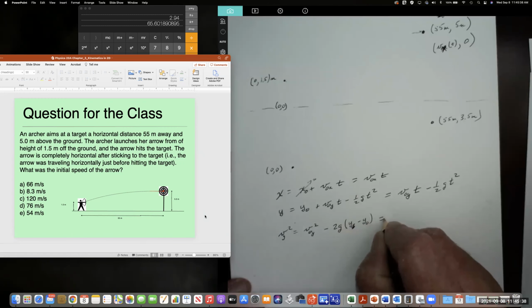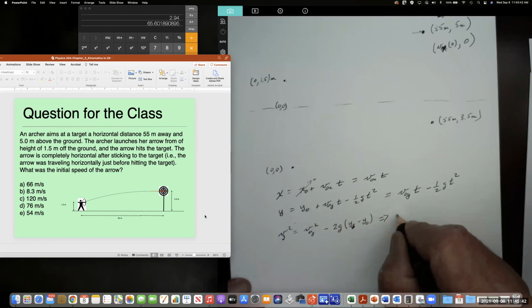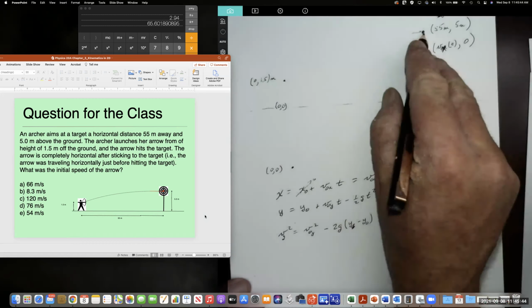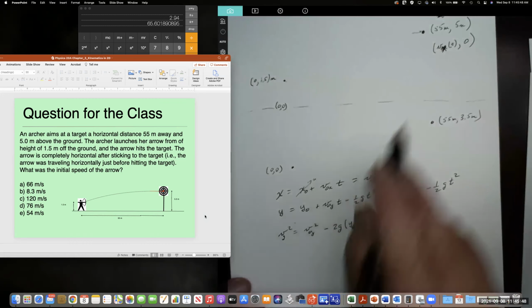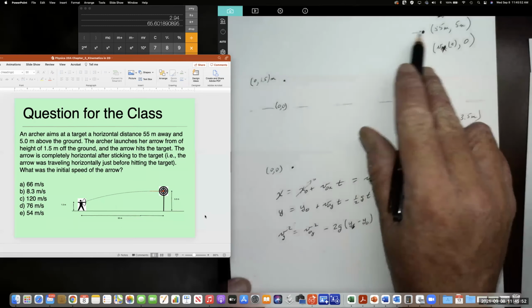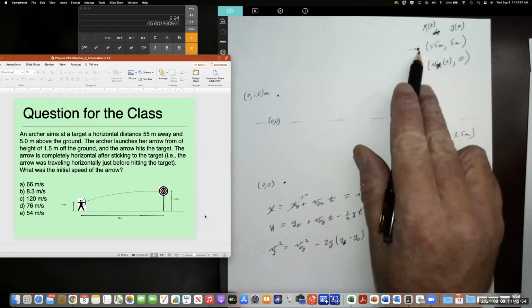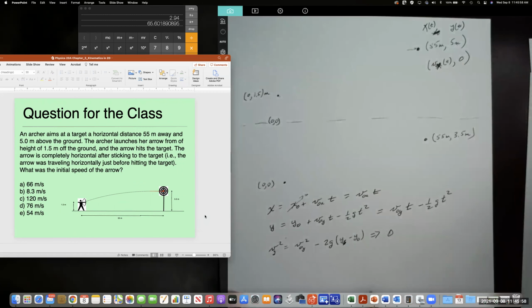So that leads to, and v sub y squared is equal to 0. That leads to 0 at the condition right here. v sub y0 isn't 0, but right here, we're told it hits horizontally. So my v sub y of t is equal to 0.